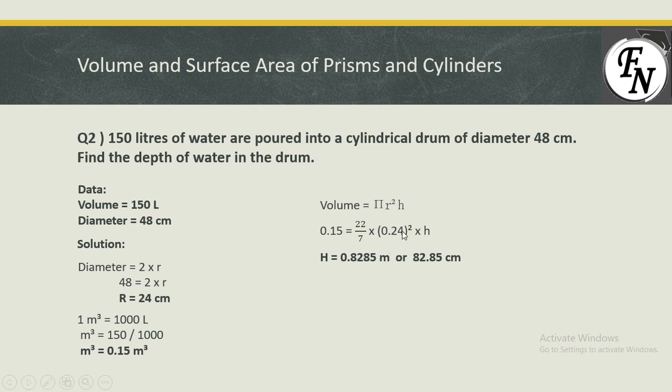This is squared first, then multiplied by 22, then 7 is multiplied there, and this value is divided. Use BODMAS to solve this simple equation, and we will obtain the height as 0.82 meters or 82.85 centimeters, which was asked in the question, what is the depth of the water. So this is the depth of the water.